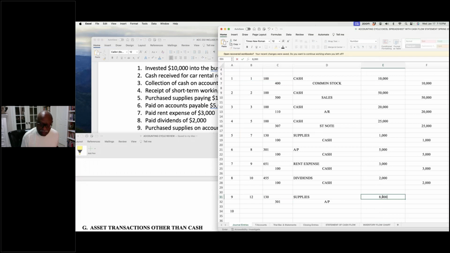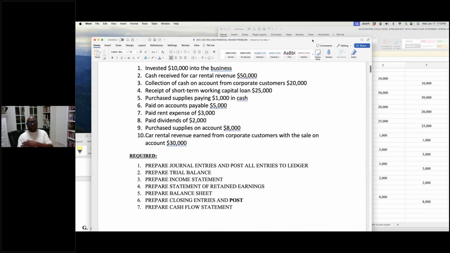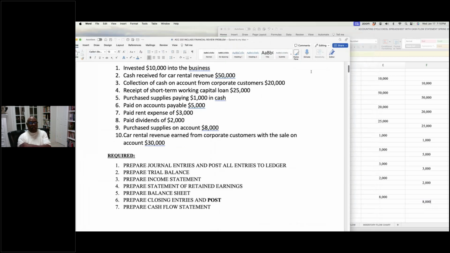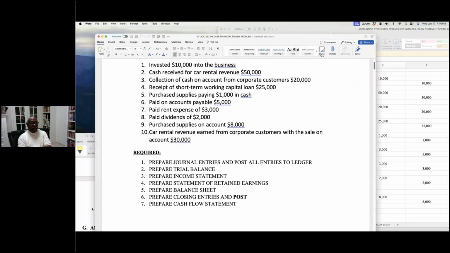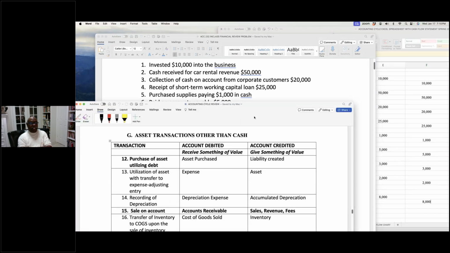What about our fourth one? Car rental revenue earned from corporate customers with the sale on account. So we did the work, but we didn't get any cash. So we cannot use cash there. We have to find another account or another type. Looks like that might be a 15, a sale on account. What do we debit? Accounts receivable. What do we credit? Sales.